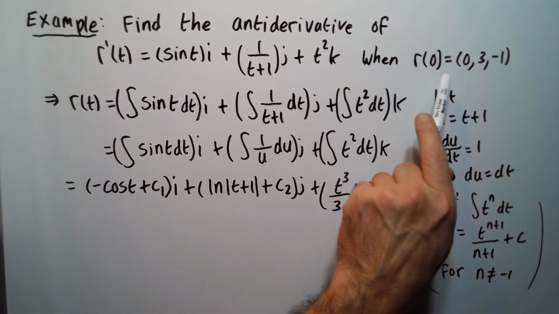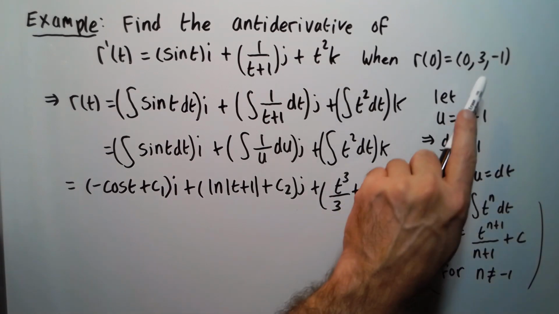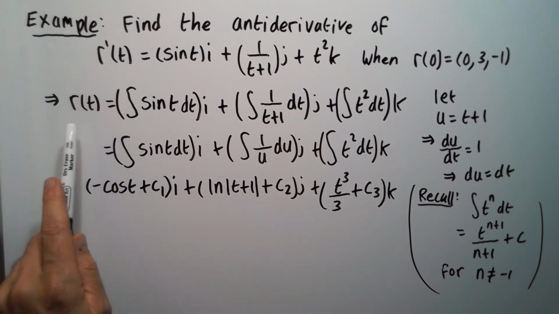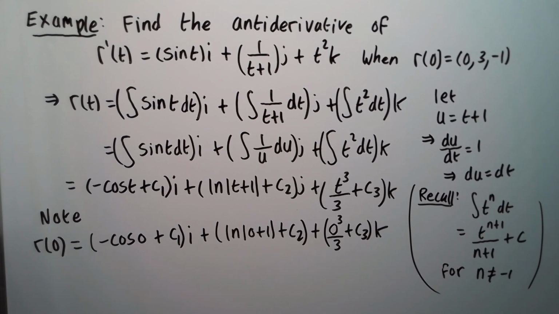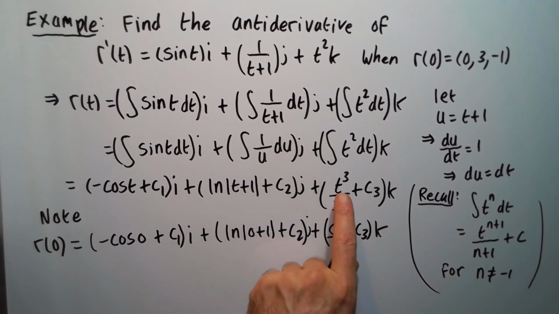Now we need r of 0 to be 0, 3, minus 1. So with this condition we'll be able to find the c1, c2, and c3. Let's first compute r of 0. So plugging 0 in place of t, we would have negative cosine of 0 plus c1, i direction, plus ln of absolute value of 0 plus 1 plus c2, oops, should be j direction here, and plus 0 cubed over 3 plus c3, k direction.